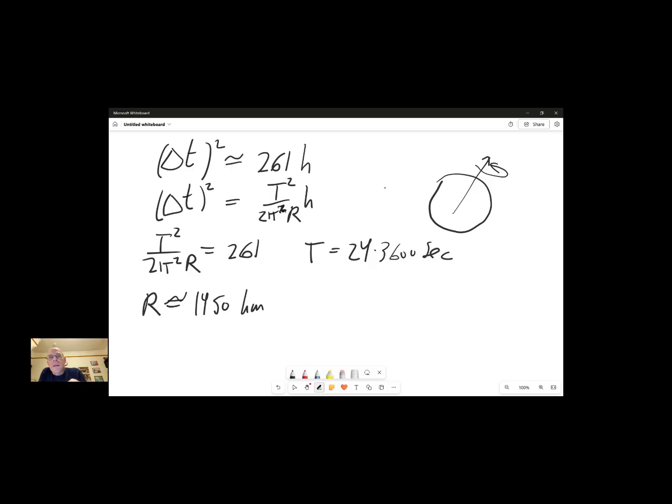So the sun, let's say the sun is such that we don't really measure the radius of Earth.